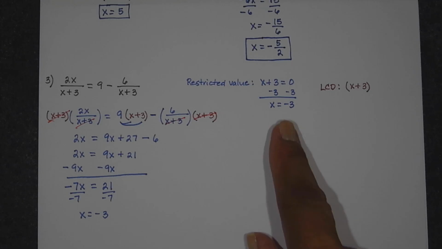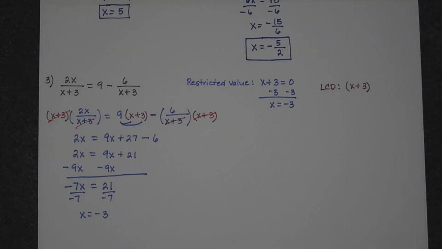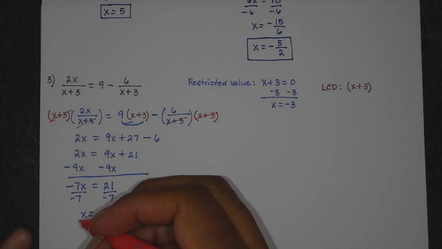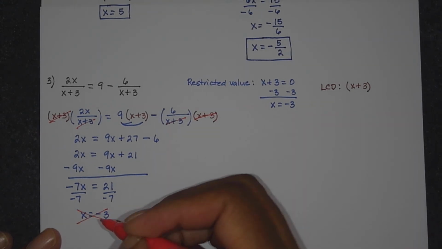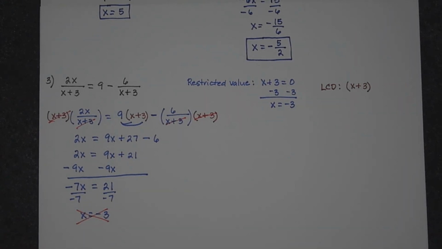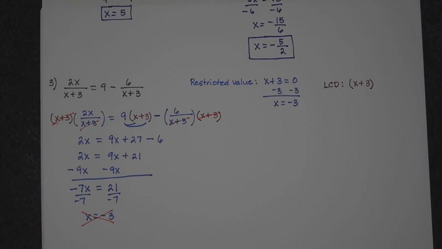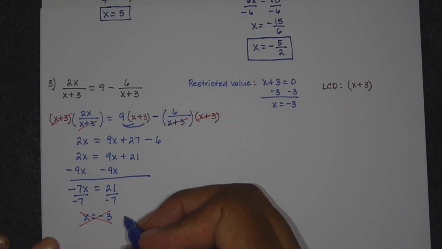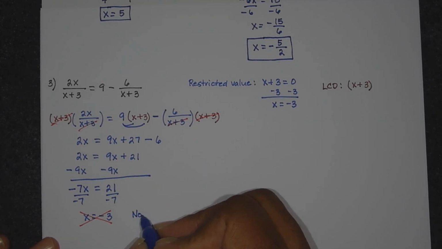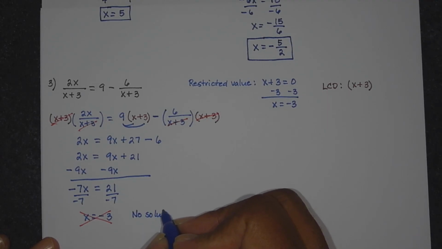In this case, it is, because here the restricted value was x equal to negative 3. And when that happens, we have to eliminate that restricted value. And in this case, if you try to check your solution, you will get a 0 in the denominator. So that means that this rational equation will have no solution.